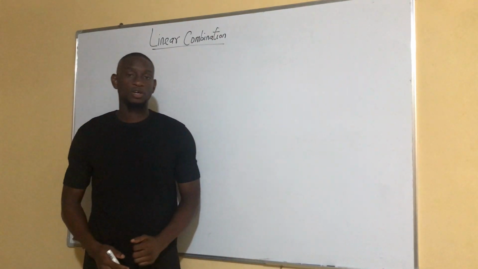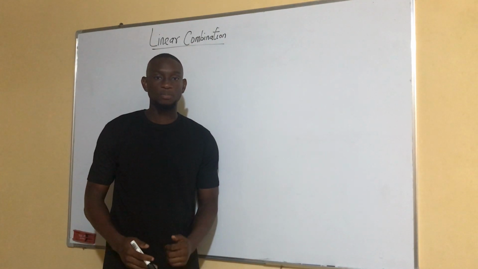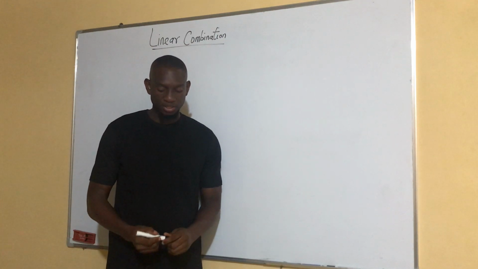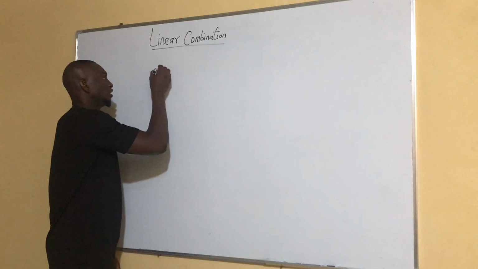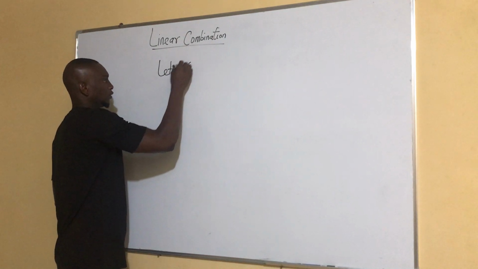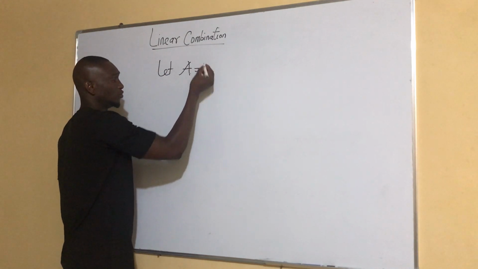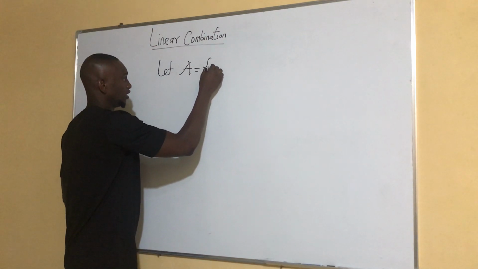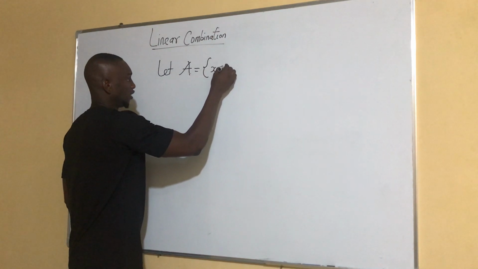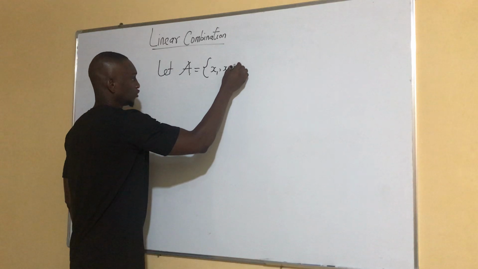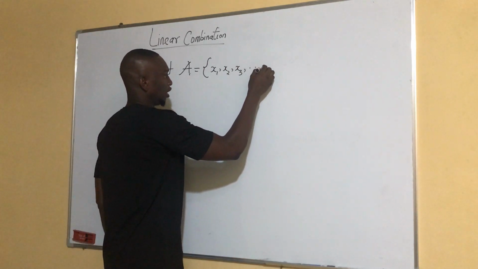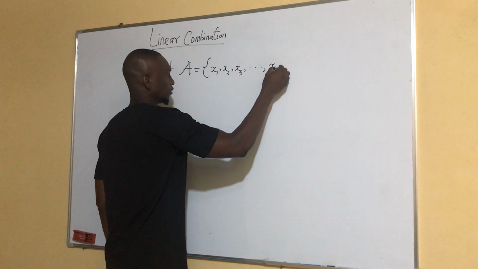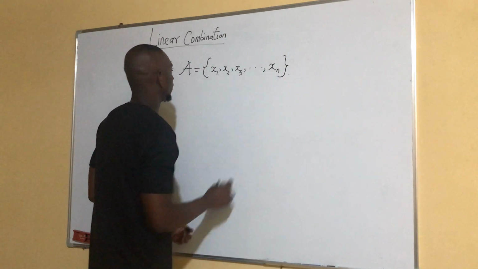To get hold of the concept of linear combination, I will begin by letting A be a set that is filled with finite points. Let's say x1, x2, x3, and if I should make an omission, xn.